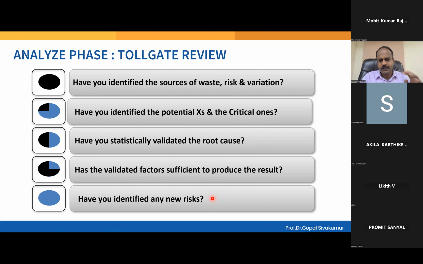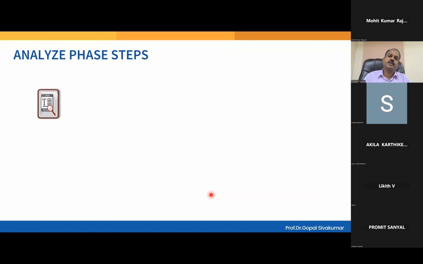Now, finally, because of the changes you are making, are there any new problems you are inviting? That is this question. By solving a problem, most of the time we invite two other new problems. So that should not happen, right? So the risk should be under control. Hope all of you understand the meaning of every question.